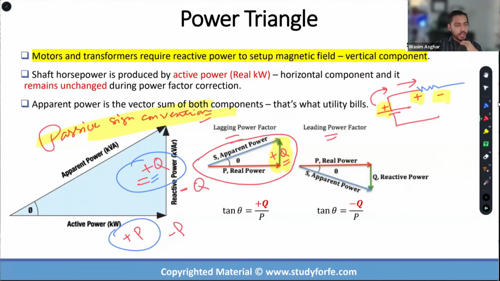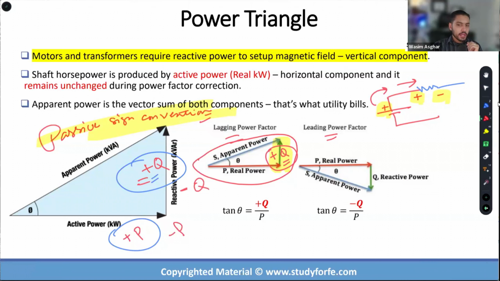On the previous slide, I explained to you that your inductors, your motors, your transformers are heavily inductive in nature. So a load for which its Q is pointing upwards is going to be overall inductive in nature. Does it make sense?